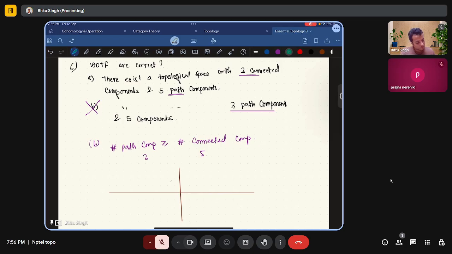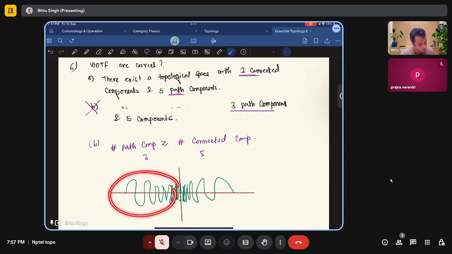I may start with one topological sine curve like this, and another topological sine curve in the opposite direction. Then you can see there are 3 components. One is this part, one is that part, and those are path components. There are 3 path components.